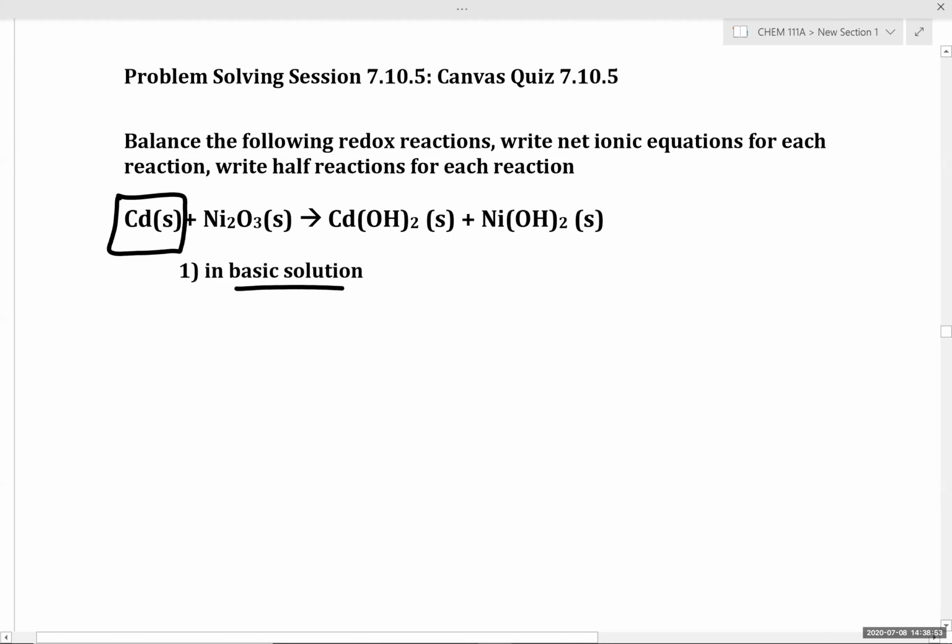And make sure you're checking your oxidation numbers very carefully here. Redox reactions are balanced based on electrons, not just atoms. And we'll discuss in about 4 minutes.